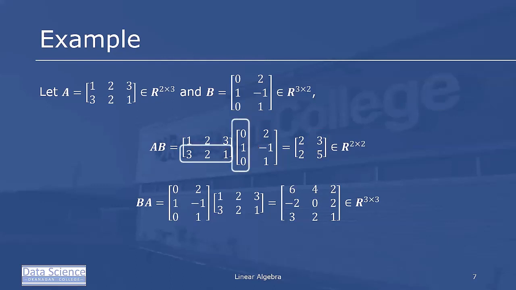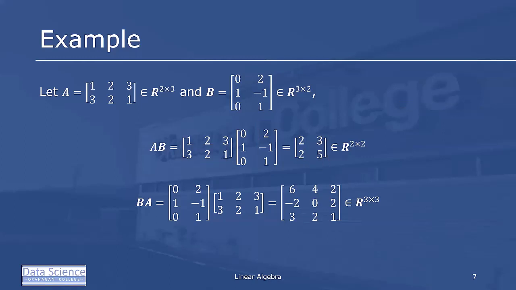Then we can take the second row of A, first column of B, and go 3 times 0, 2 times 1, 1 times 0, and that gives us a 2 in the second row, first column entry of the product matrix AB. Finally, we can go 3 times 2, 2 times negative 1, and 1 times 1, multiplying the second row of A and second column of B. That gives us 5, and that sits in the second row, second column of the AB product matrix.